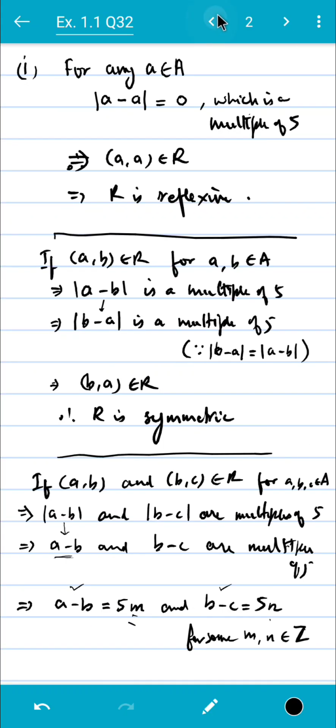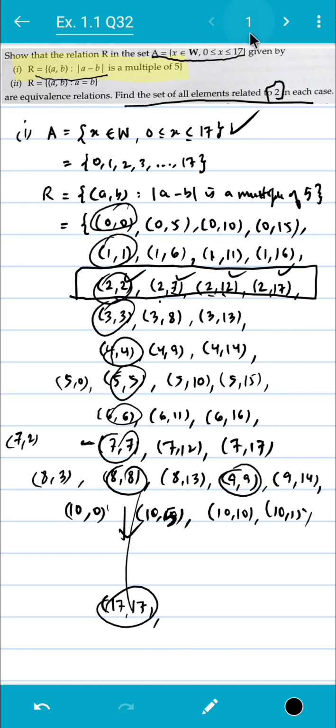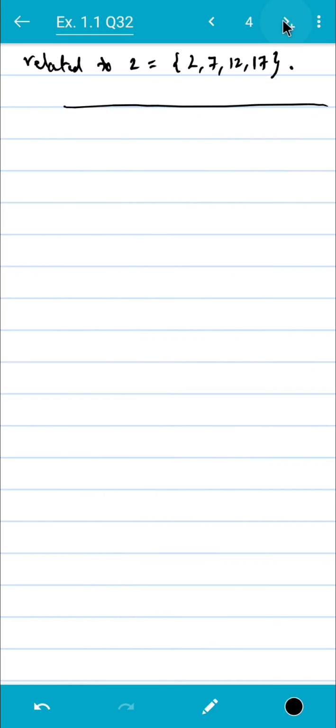Then question 2, R equals (a, b), a equal b. This is easier. So R equal to (a, b), let me just write the relation again. So R equals (a, b), and question is if a equal to b.